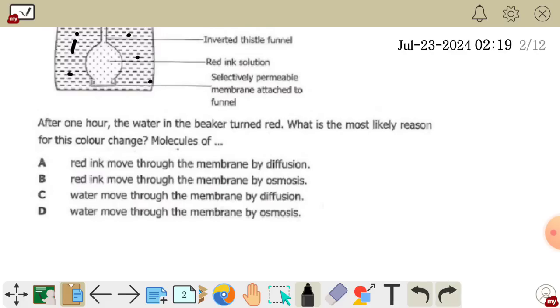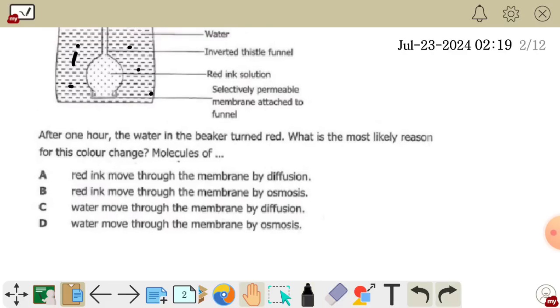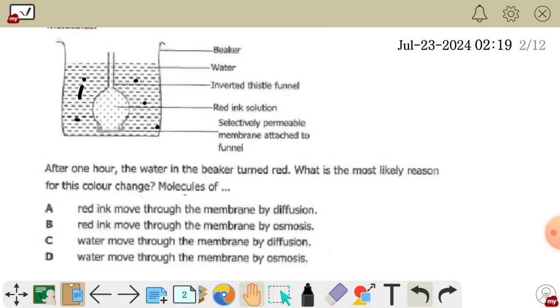Where we have a selectively permeable membrane, we are talking about osmosis. The red ink inside there moved through a semi-permeable membrane to the solution in the beaker.